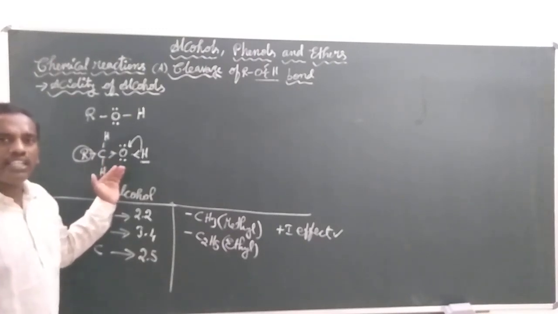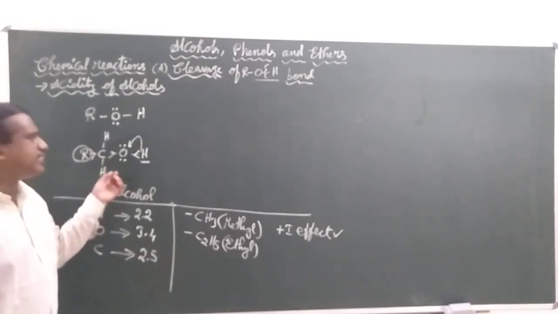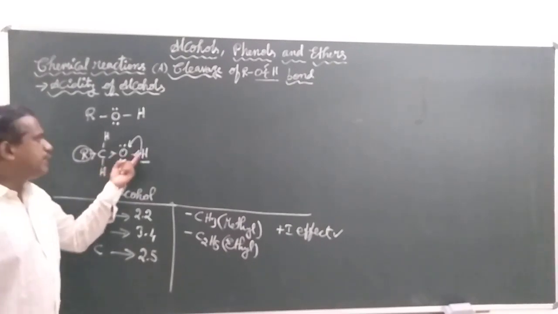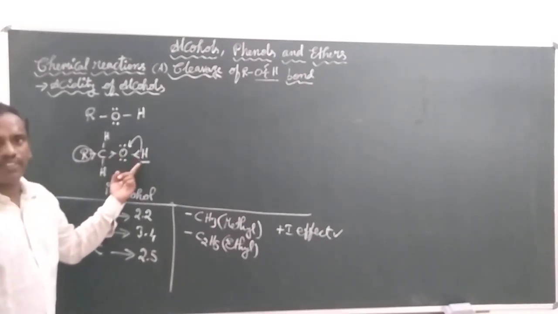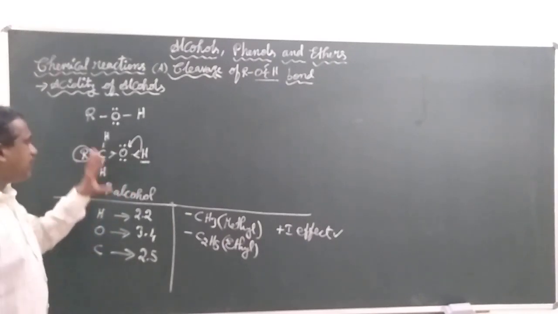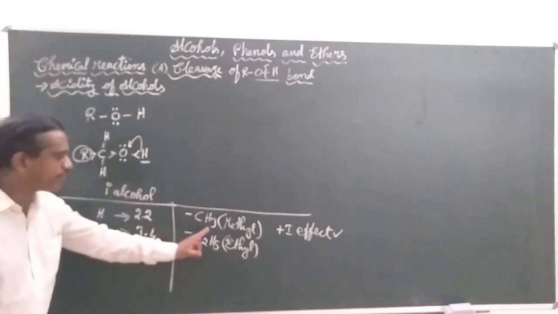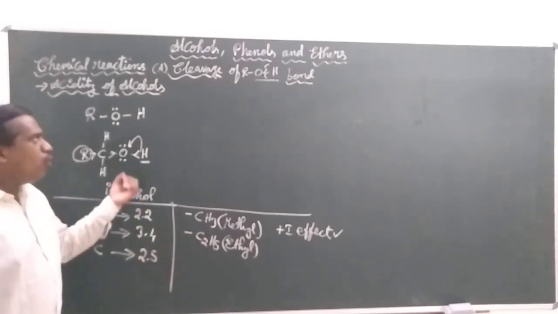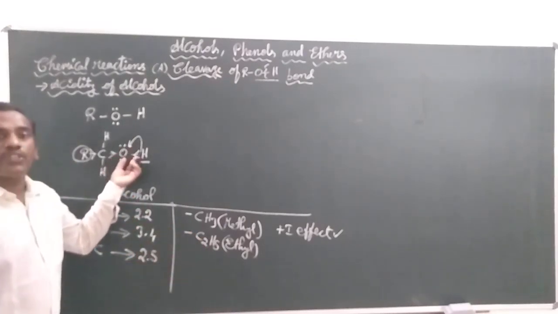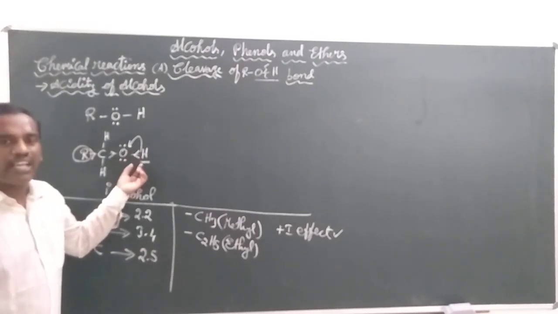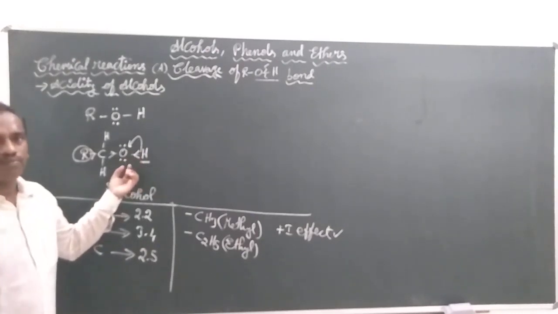Now the oxygen will not withdraw electrons as strongly from hydrogen. In the case of a primary alcohol, where the carbon is bonded to a methyl or ethyl group, it is not withdrawing electrons from hydrogen like the previous case.